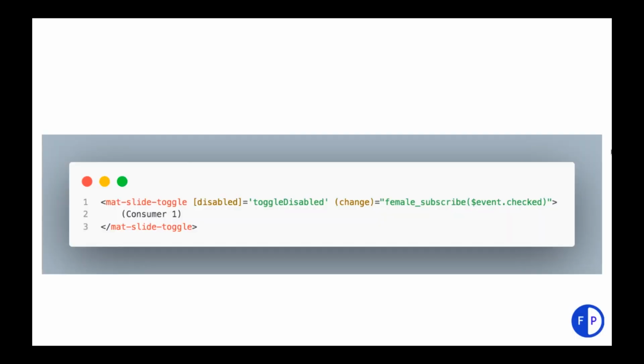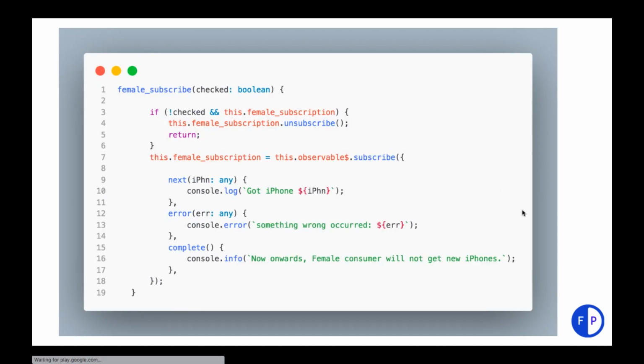In this HTML code snippet, you can see that I have a mat slide toggle, which is an Angular Material component. On the change, I'm calling a method, female subscriber, and it says whether it has been checked or not. And this is the code snippet. It first of all checks whether that toggle button has been checked or not.